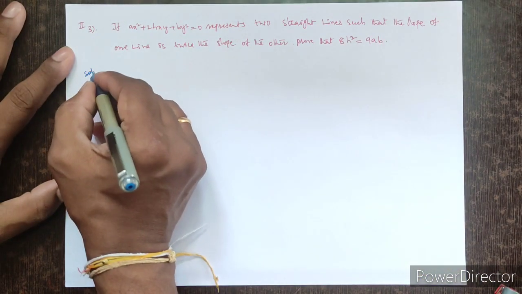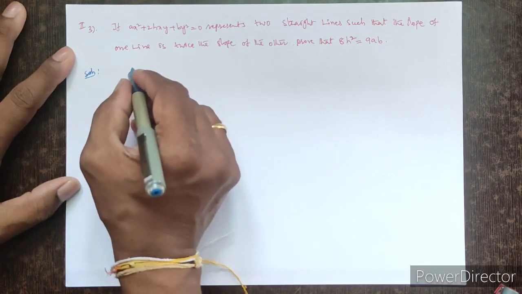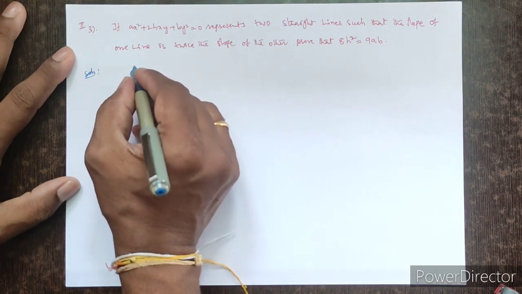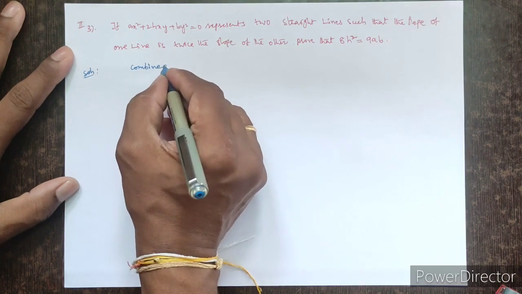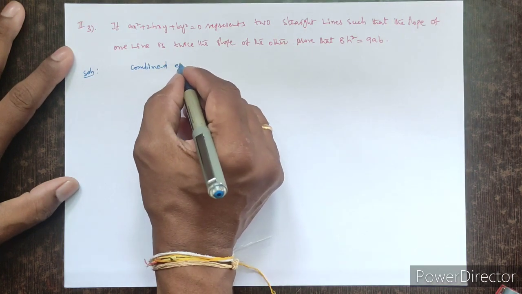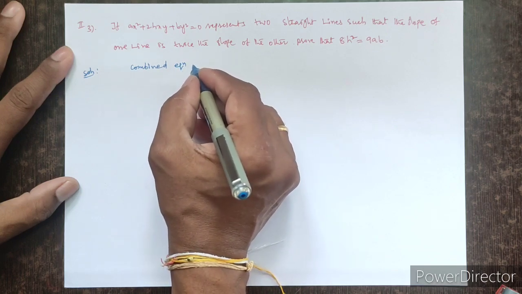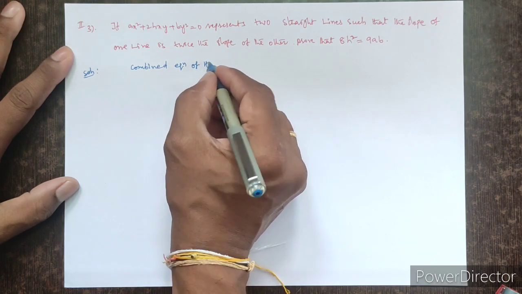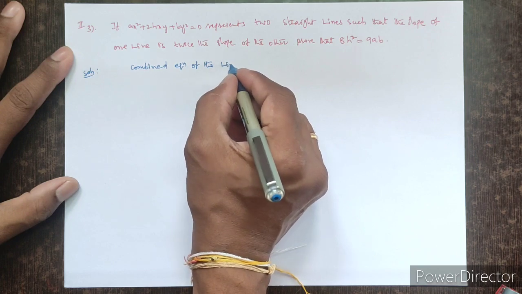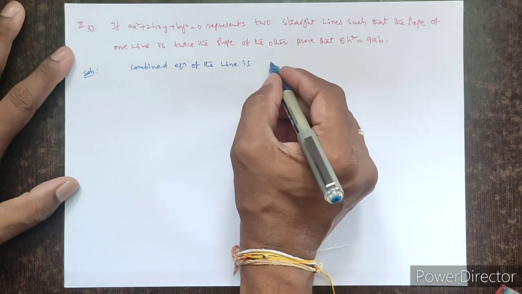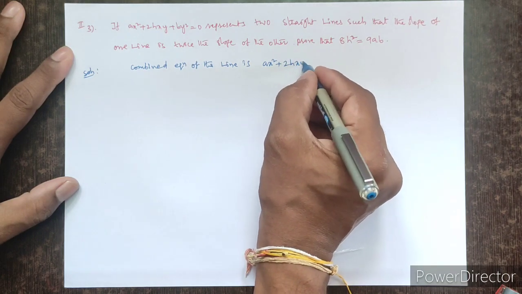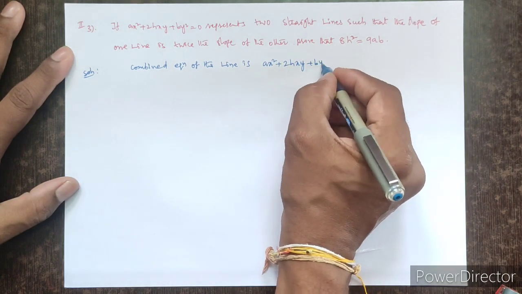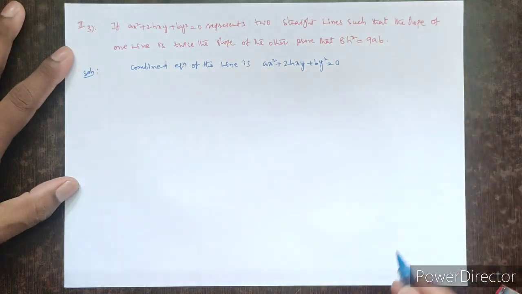Solution: the given combined equation of the lines is ax square plus 2hxy plus by square equal to 0.